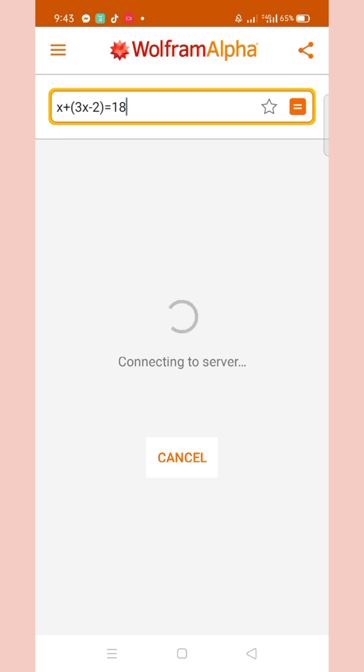Now, when searching here in Wolfram Alpha, you need an internet connection. So Wolfram Alpha is now computing for the answer.